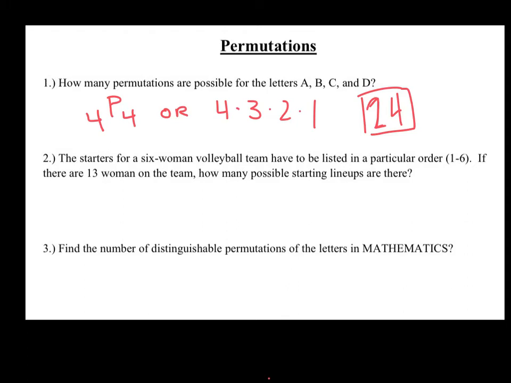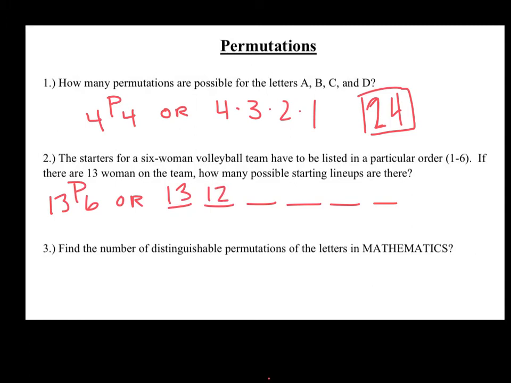So what about number 2? The starters for a 6-woman volleyball team have to be listed in a particular order, 1 through 6. If there are 13 women on the team, how many possible starting lineups are there? So if there are 13 women and we're picking 6 of them, we would do 13 pick 6. You could also, again, just for permutations, do the fundamental counting principle. So for the first 6 positions, 13 to choose from for the first position.